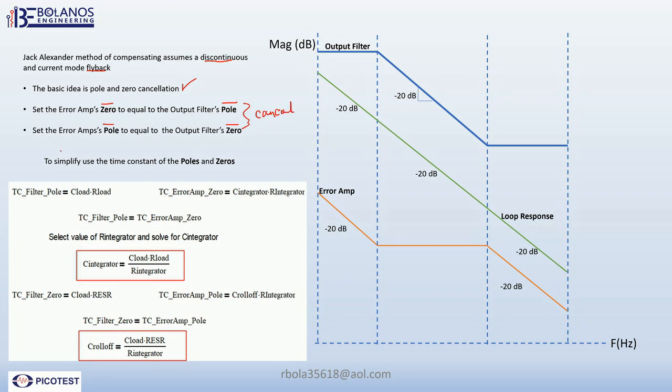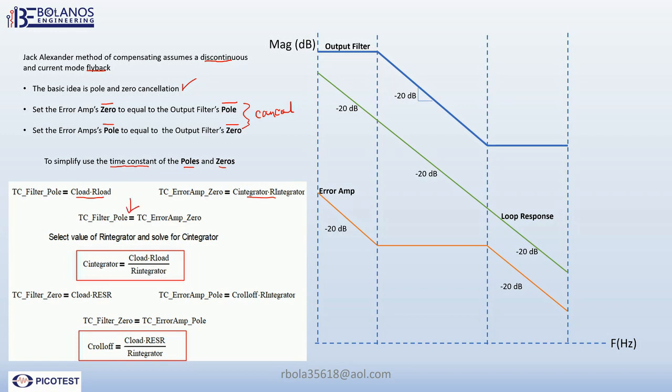Another way of looking at this, at least to simplify things, is to use the time constant of the poles or the zeros. If we use the time constant of the output filter, that would be C load and R load, and we make it equal to the time constant of the error amp, which is the C integrator and the R integrator, then you have this equation.